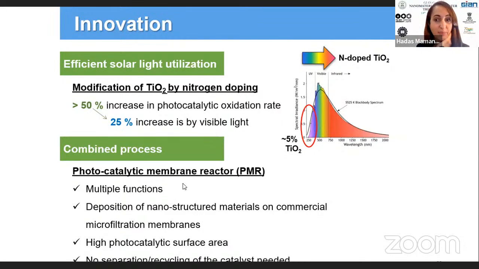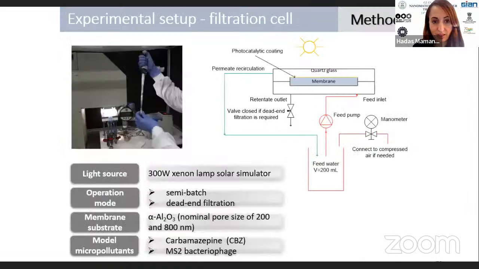The photocatalytic membrane reactor has multiple functions, filtration and photocatalysis. So these are the different functions. This is the solar simulator that we had in the lab, and we also designed a small scale system where we can test either dead end or cross flow.